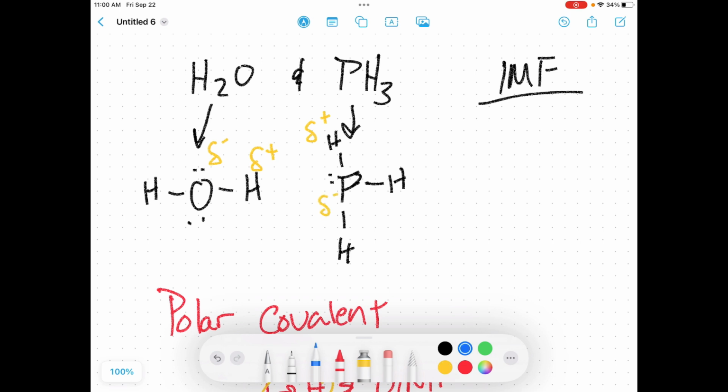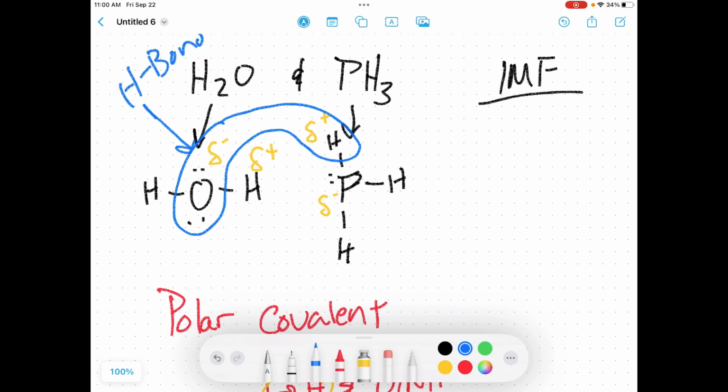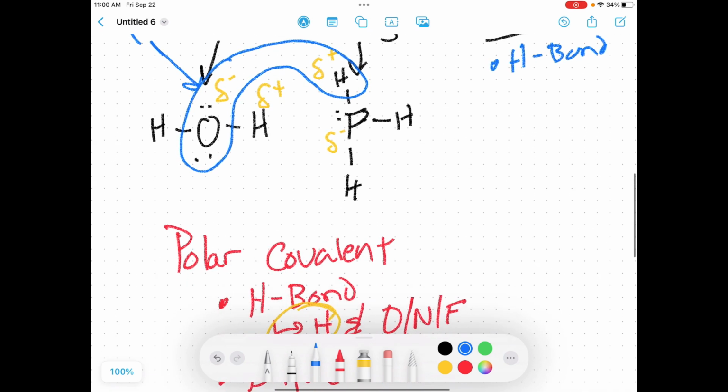I see the oxygen here and the hydrogen here. There should be a hydrogen bond between those two. So for the IMF forces, I can put H bond. And I showed that between the oxygen in water, H2O, and the hydrogen in PH3. So I checked for H bond, that one is good.